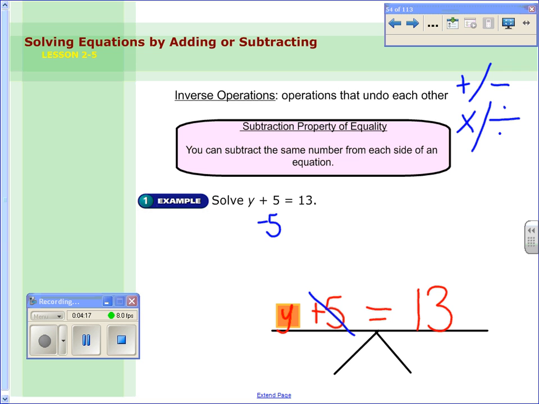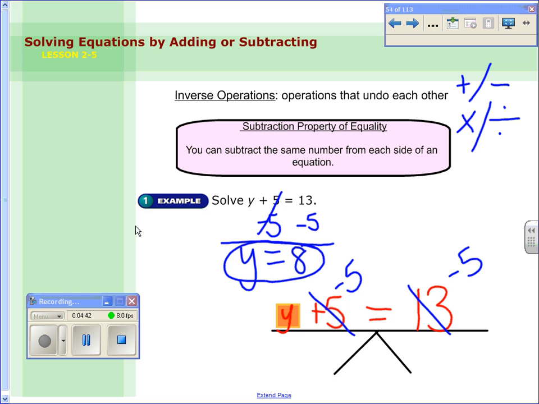And again, if you take away 5 from this side, you have to take away 5 from this side. Otherwise, the scale is uneven. All right? It's like a teeter-totter. You want it the same on both sides. So if I subtract 5 from both sides, I get Y is equal to, well, if you have 13 and take away 5, you should get 8.